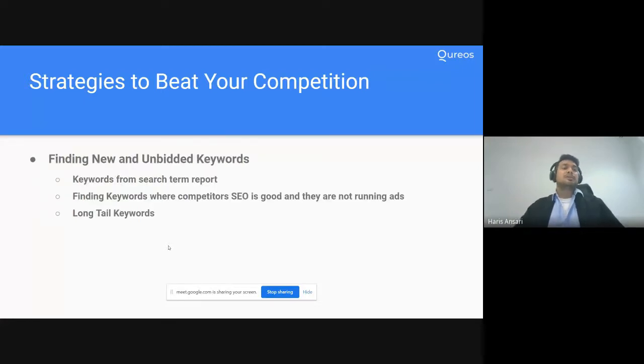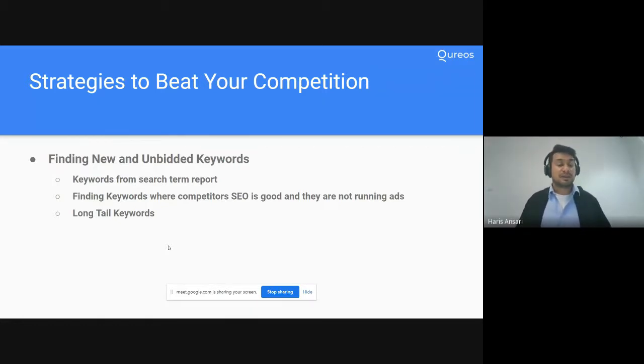Then there is a third step to it as well: find new keywords, and the keywords which are not being used by your competitors. Finding new keywords sounds like a one-time thing. Trust me, it's an ongoing process, because a huge portion of daily searches on Google are new or unique searches.